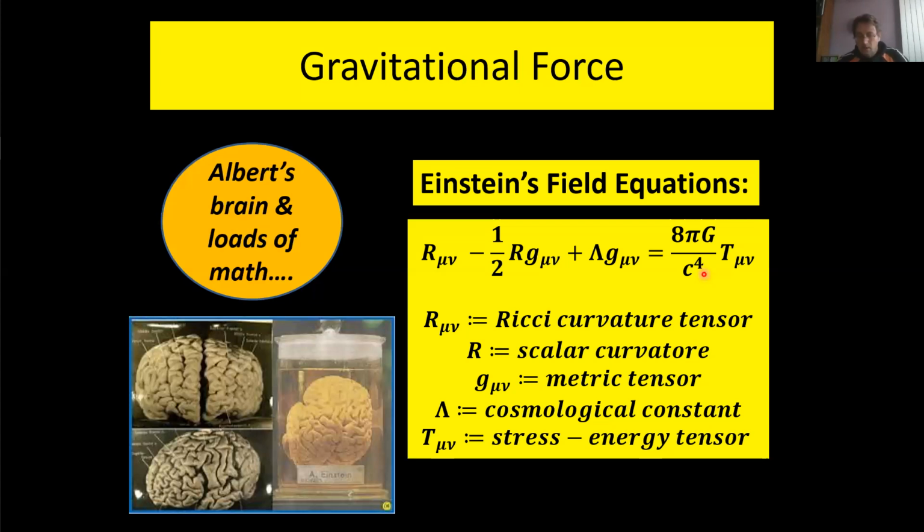So, okay, but here you see we have G, we have c to the power 4 involved. And we have this stress energy tensor. There is basically the pressure going in, pressure being force per area.